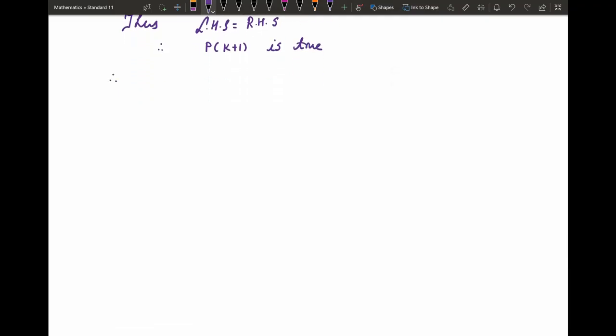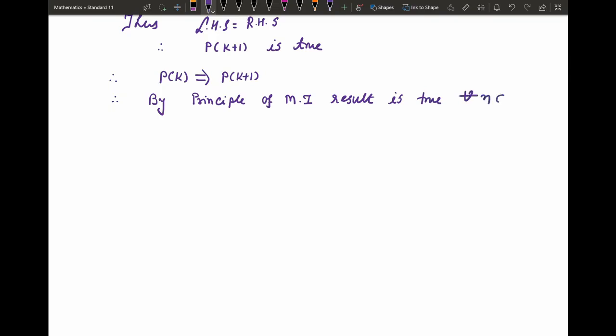Therefore P of k implies P of k plus 1, and therefore by the principle of mathematical induction, the result is true for all n belongs to capital N, where capital N is the set of natural numbers.